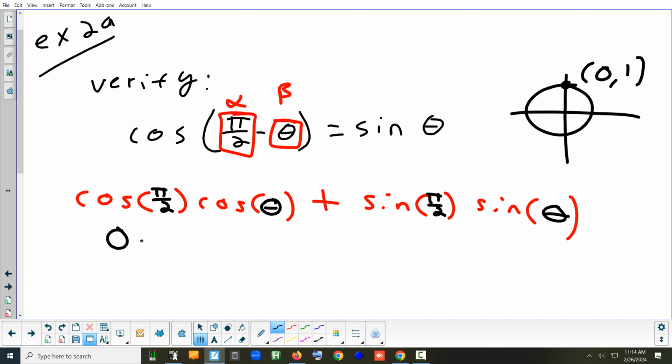You can't do anything with cosine theta because that's a variable. You don't know what theta is. But because it's 0, you can cancel everything out, because everything's going to cancel in the next step. What about the sine of 90? It's 1, because the sine is the y value and the y value is a 1.